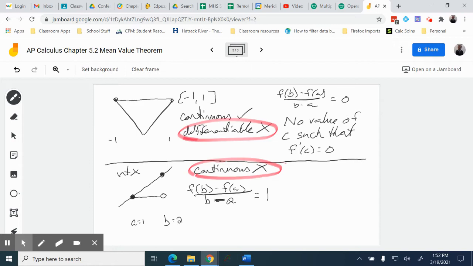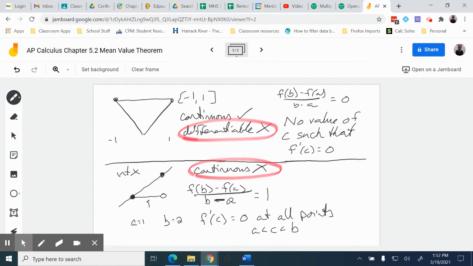But if I look at the function itself, f prime of c is equal to 0 at all points between a and b. It's never equal to 1. It's always equal to 0. And we don't have the derivative here, so that doesn't matter because we've got that jump. The continuity means it failed.